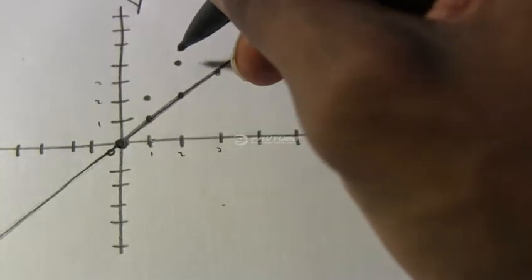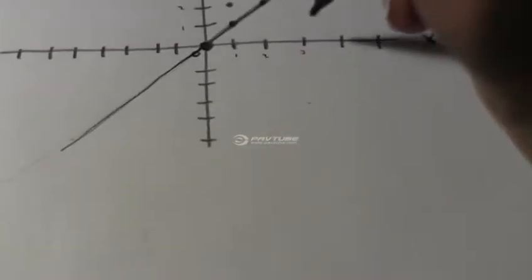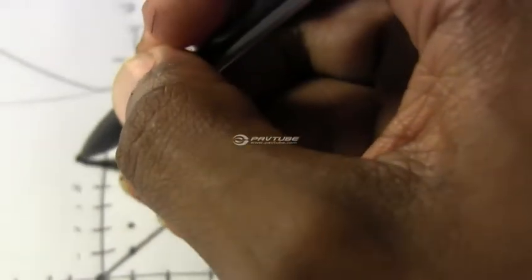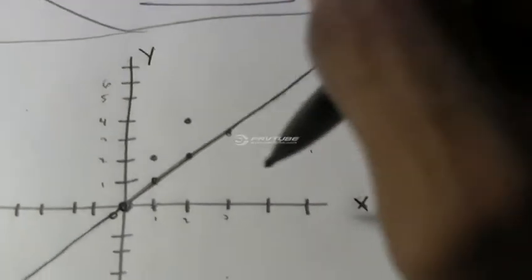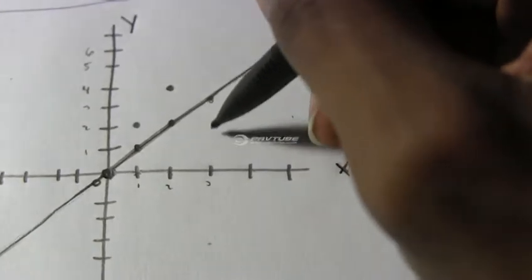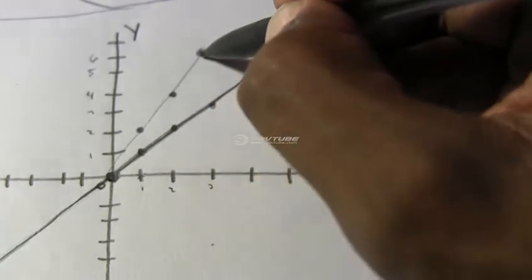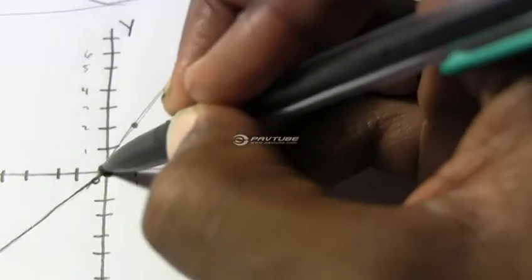Still looking linear, right? And what about x is equal to 3? 6. So we're going up, I didn't even mark that many, 5 and 6. You see that? So now we're coming over here, 3, all the way up to 6. So now what you can see is this is still a line. It's just a steeper line.